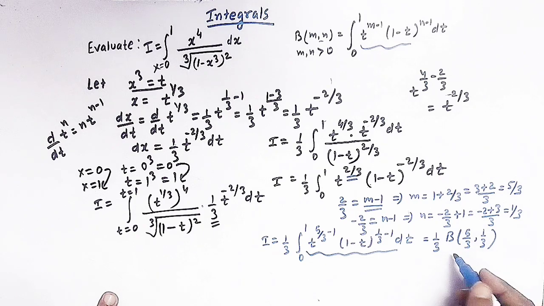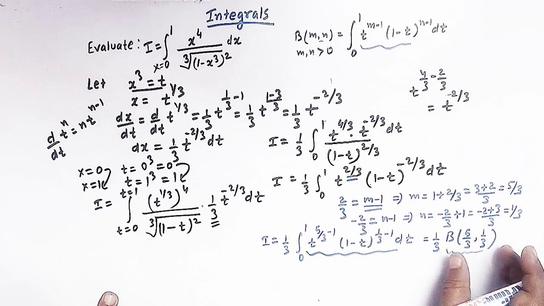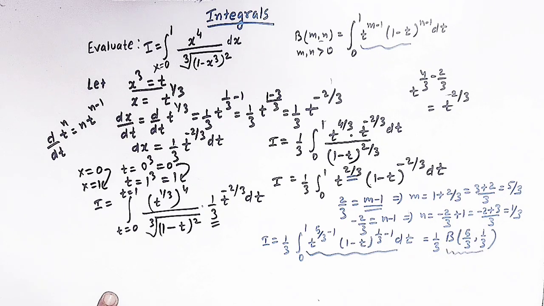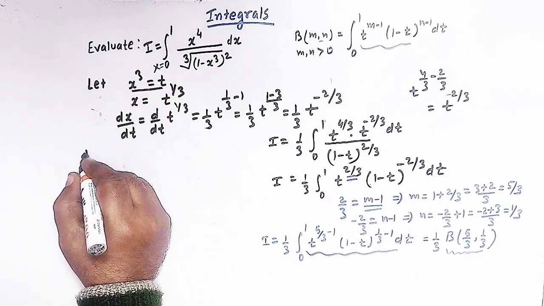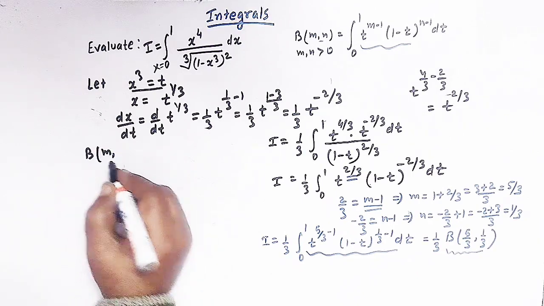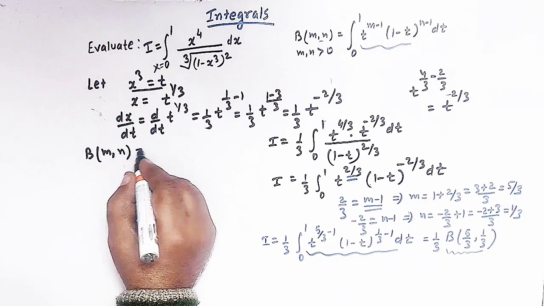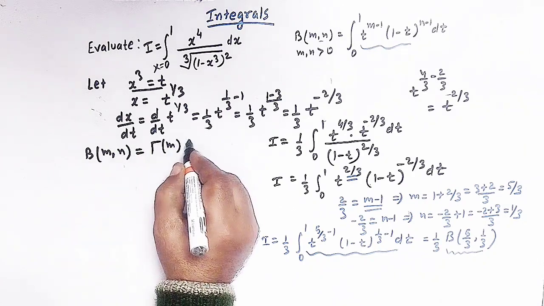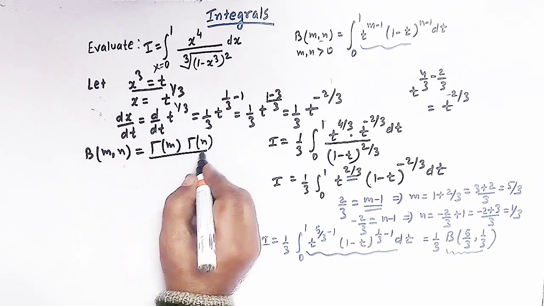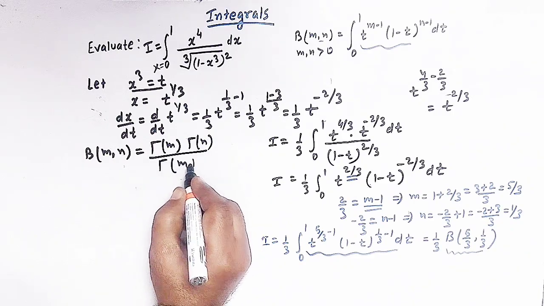So now we have to calculate the value of this beta function by using the relationship between beta function and gamma function. So now the beta function and gamma function are related by this expression, that is gamma m, then we have gamma n divided by gamma m plus n.